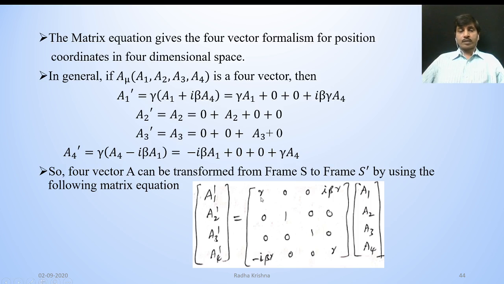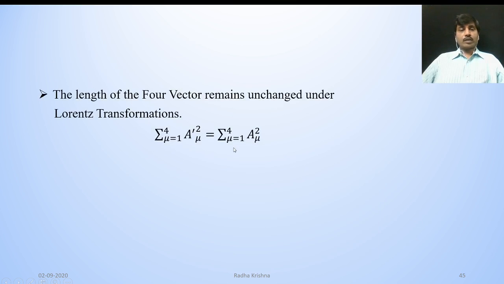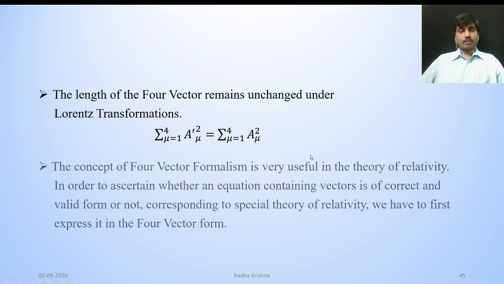The 4 by 4 matrix is gamma 0 0 i beta gamma; 0 1 0 0; 0 0 1 0; minus i beta gamma 0 0 gamma, into A1, A2, A3, A4. The length of the 4 vector remains unchanged under Lorentz transformation equations, as the sum over mu from 1 to 4 of A mu dash square is equal to the sum over mu from 1 to 4 of A mu square.